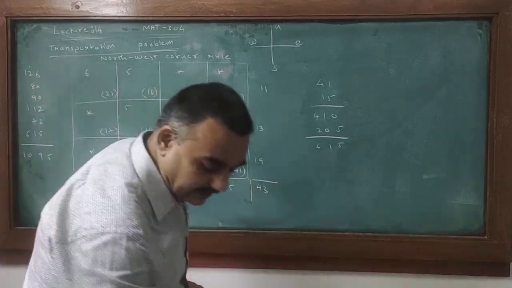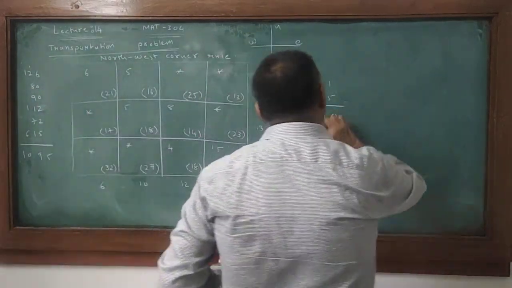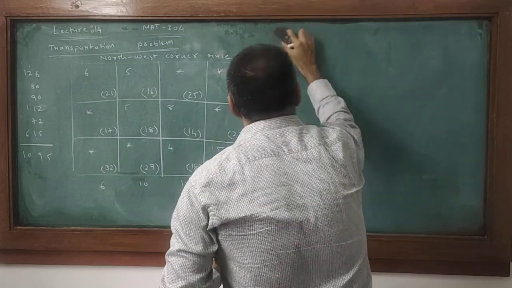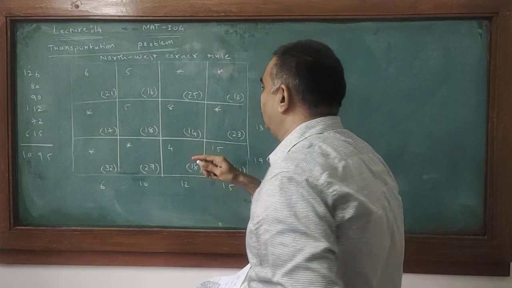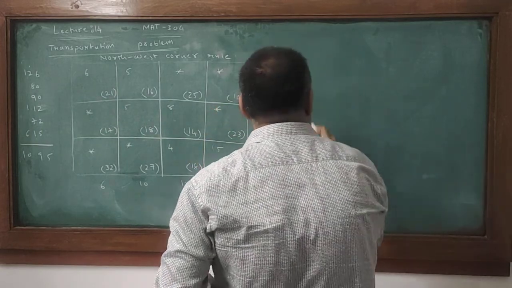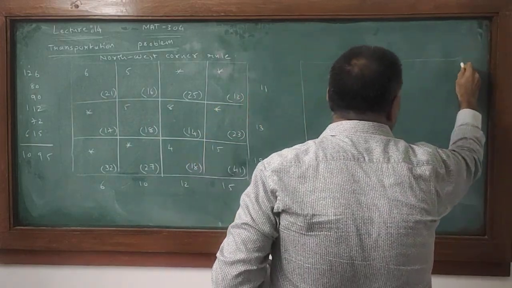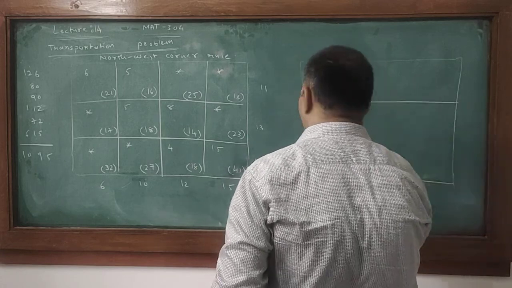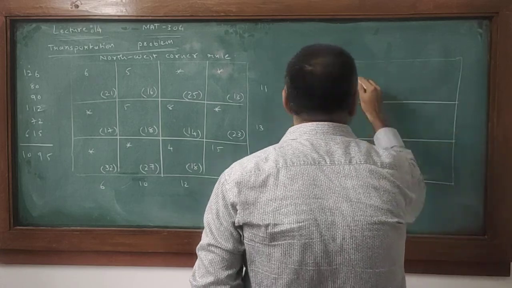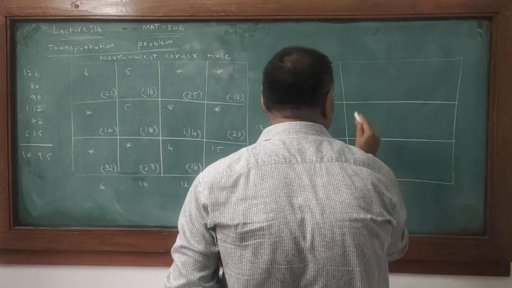Then the other method which we have discussed in the previous lecture, I have to draw the same. The second method is the minimum cost entry method.